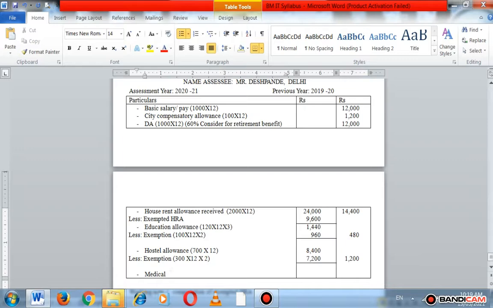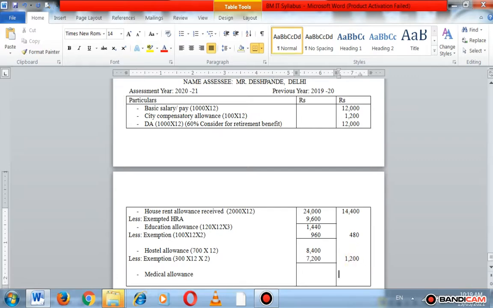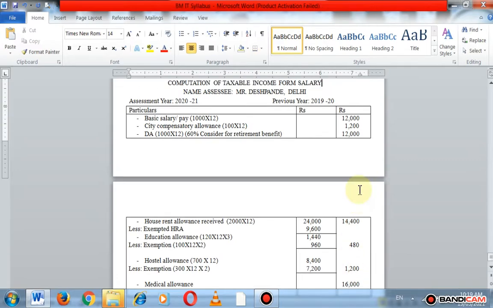But here the medical allowance is not spent by the assessee, so it is taxable. The medical allowance received amounted to rupees 16,000 per annum. Per annum is very important.